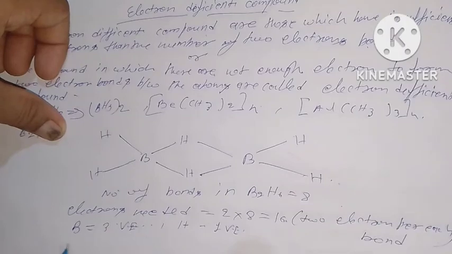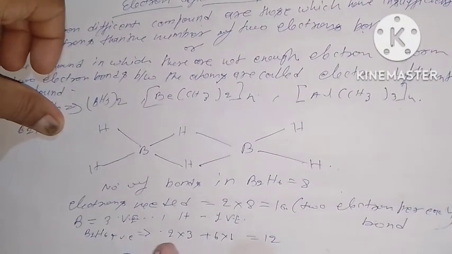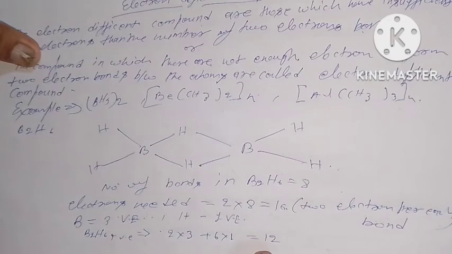Total valence electrons in B2H6 is 2 multiply 3 plus 6 multiply 1 equal to 12, because boron has 3 valence electrons and hydrogen 1, that is 6. Thus there are 12 valence electrons, sufficient to form 6 bonds, but B2H6 has 8 bonds.